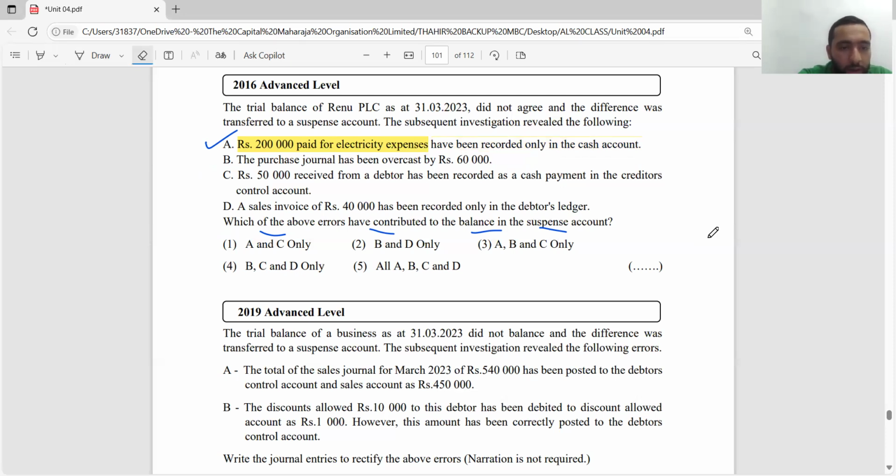If you're telling no, you have to tell me why. Why is this no? Which side is higher and which side is lower? That is what we need to find out.